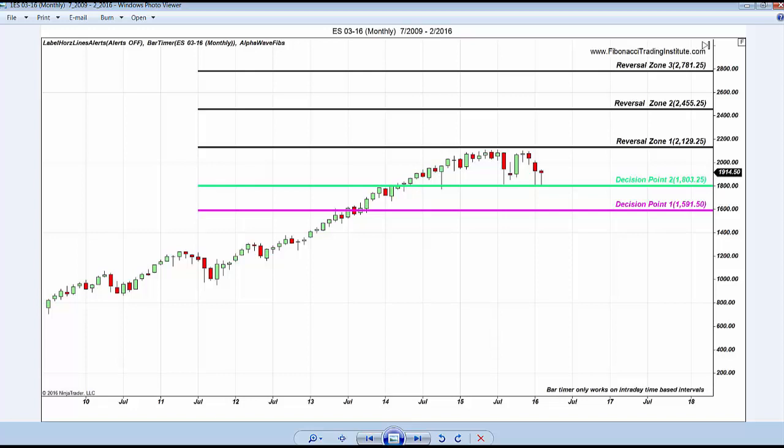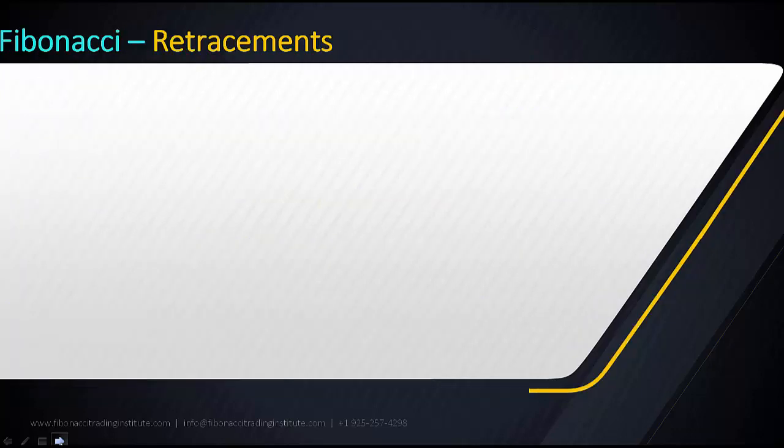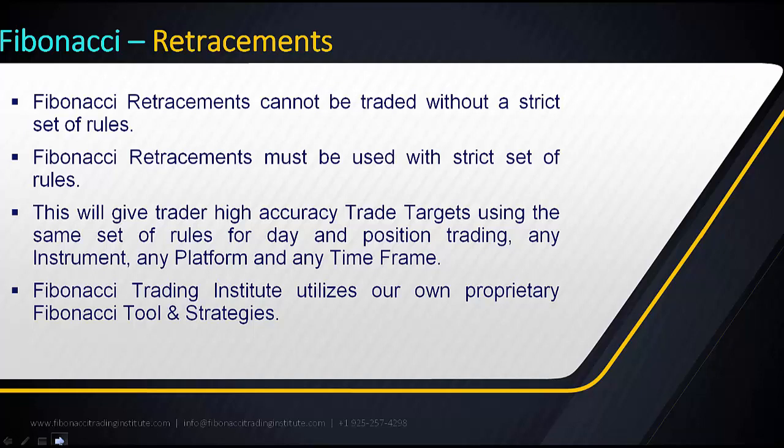No indicator on the planet can do that. Only Fibonacci can. Every single indicator on the planet is delayed. Every single indicator on the planet will never give you ultimate accuracy. Only Fibonacci will. Fibonacci retracement levels are the key to the method.